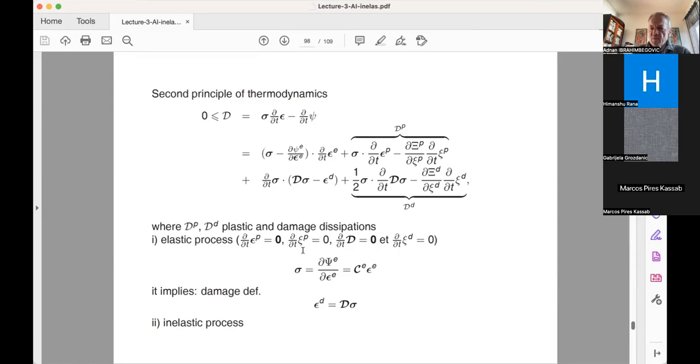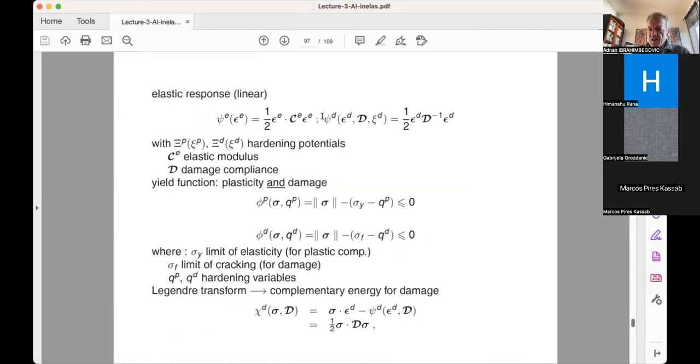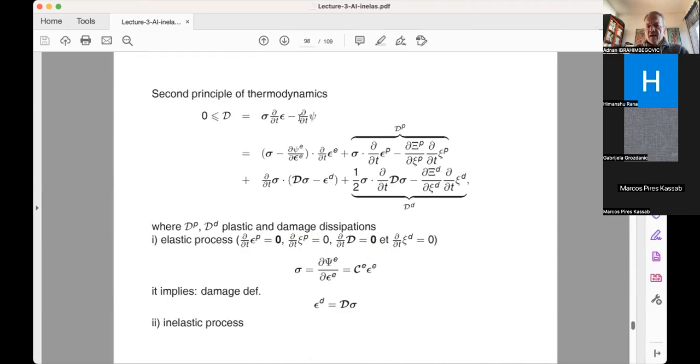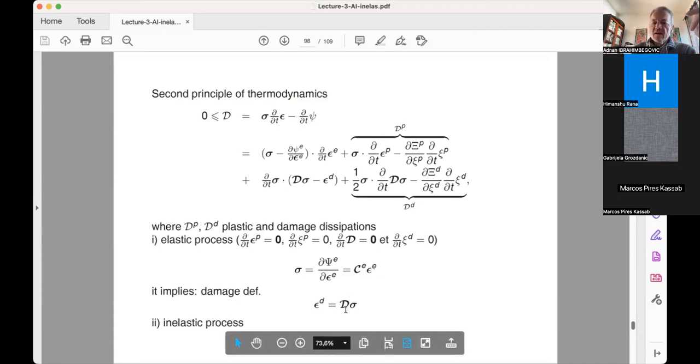And so from the first part, related to the evolution of the elastic strain, we obtain that the stress is computed as a derivative of the elastic potential. The elastic potential being a quadratic form of the elastic strain, you obtain that this is equal to your elasticity tensor times elastic strain. This is how we compute the stress. That really hasn't changed from what we were doing before. And then we also obtained what was done in the damage, that this damage variable, once you know the stress, is a product between the damage compliance and the stress.